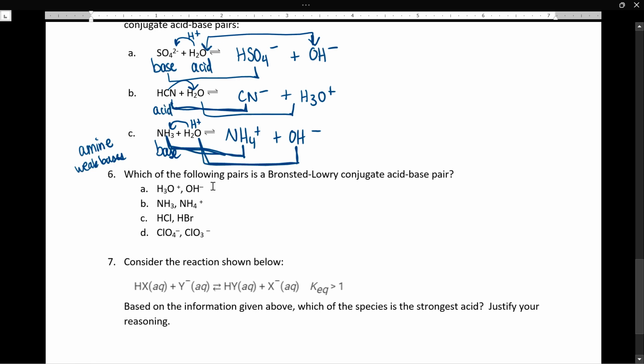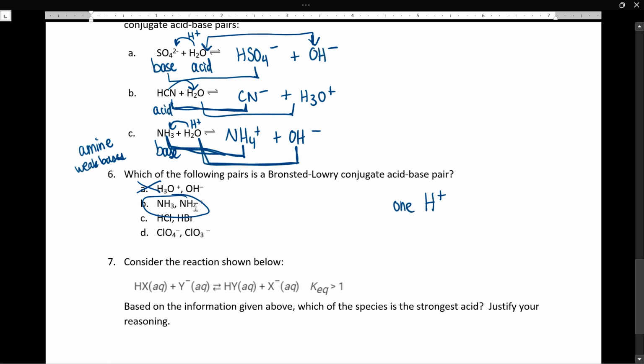All right, which of these are conjugate acid-base pairs? To be a conjugate acid-base pair, you have to differ by just one hydrogen. That's it. So A is tempting. They almost look like a pair, but no, they're not a conjugate pair because they're two hydrogens different from each other. Okay. B is an acid-base pair.